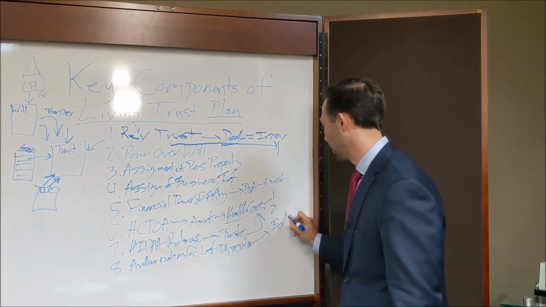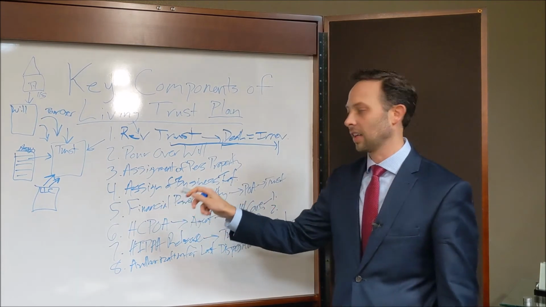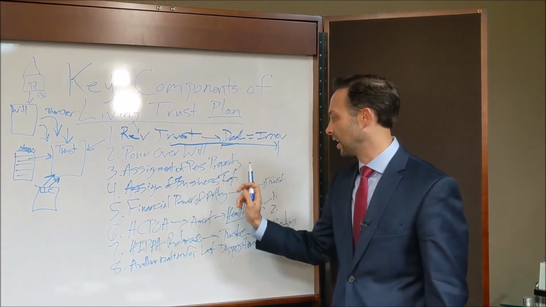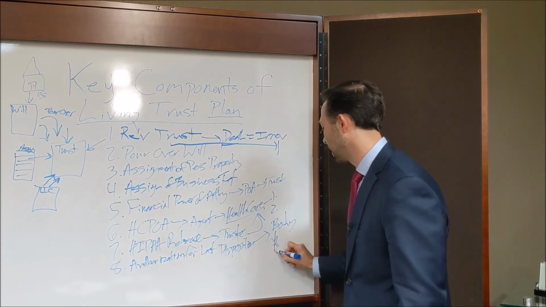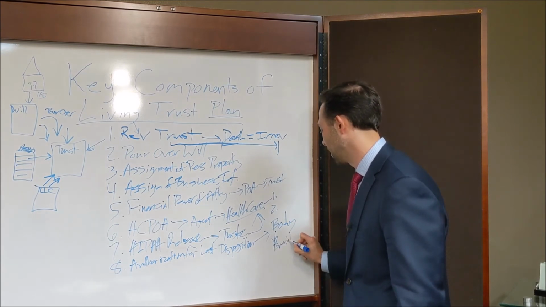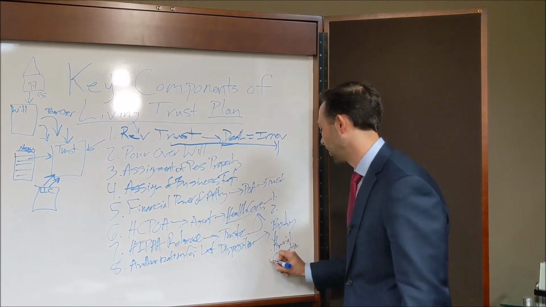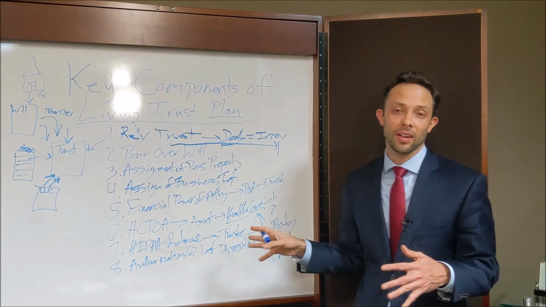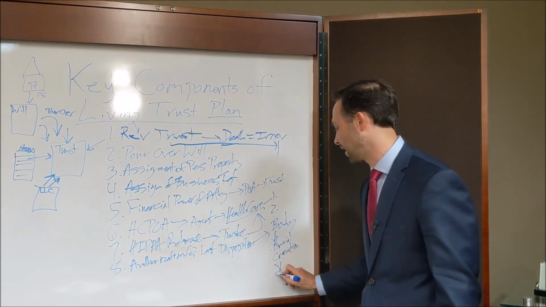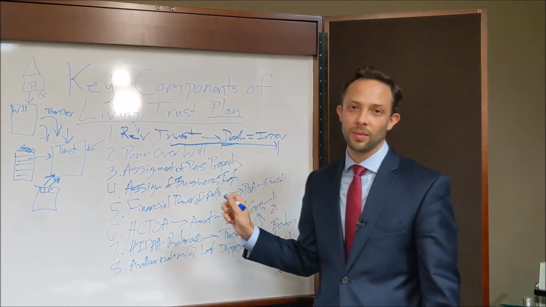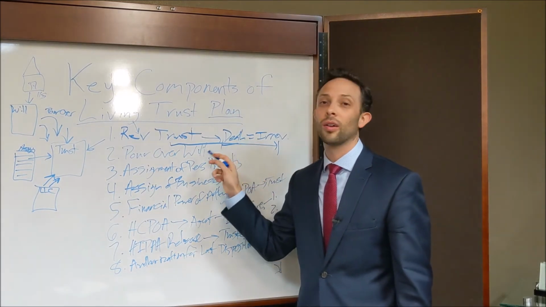So you think about it, a lot of times we'll name the same person as we name in the healthcare power of attorney, but you have two choices to make: burial or cremation, and then legally they must follow your wishes on this in the document. If you have a final resting place, such as a cemetery plot picked out, you can also put that in this document. So this information never goes inside your will or your trust.